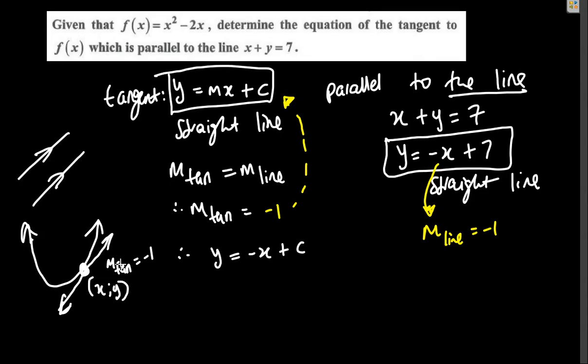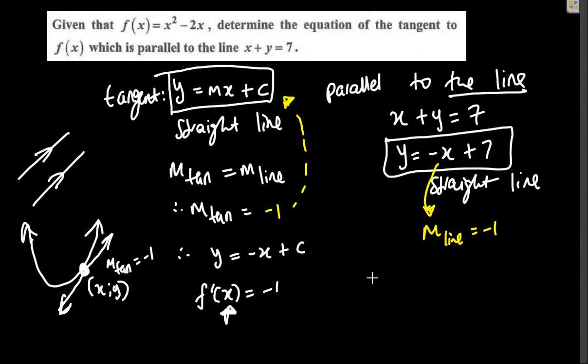Remember, you are given the gradient of a tangent which is -1. That is the same as saying that if I were to find the derivative of f, I would get the answer as -1. I would get the gradient as -1. But the question is, at what x value? At what x value will I get the gradient to be -1?